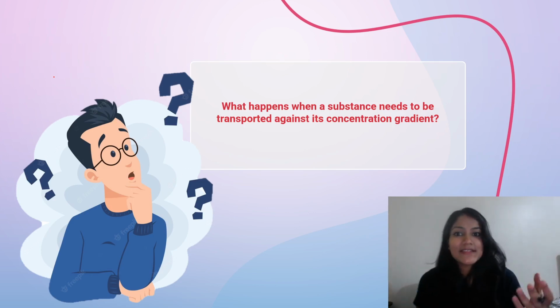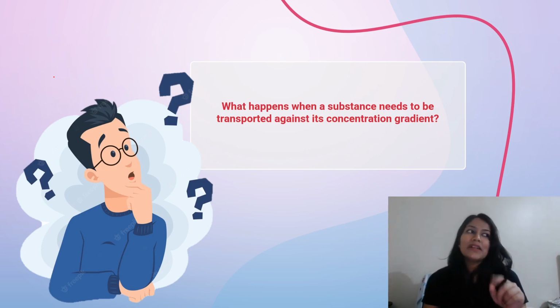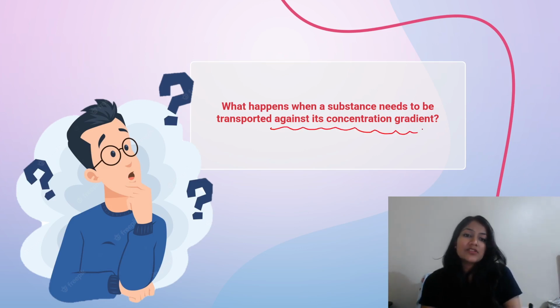Yes, that is facilitated diffusion. But now the question is, what will happen when a substance needs to be transported against its concentration gradient? Against its concentration gradient means that the molecule needs to be moved from lower concentration to higher concentration.